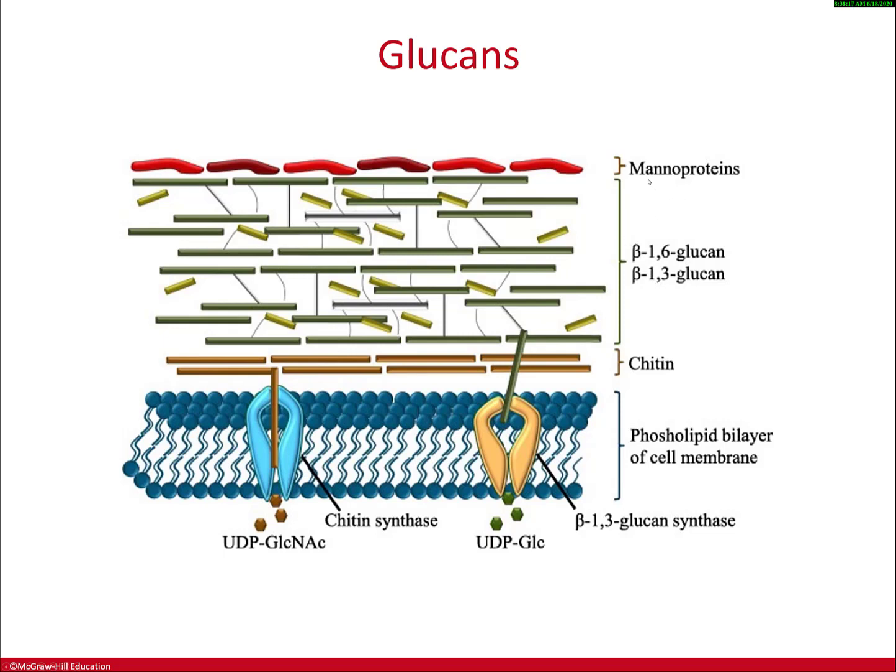And then you've got mannose, which are mannoproteins up here, so proteins with sugars attached. So that's kind of what we're dealing with. And then of course we have chitin synthase and glucan synthase. These are enzymes that literally make these materials.